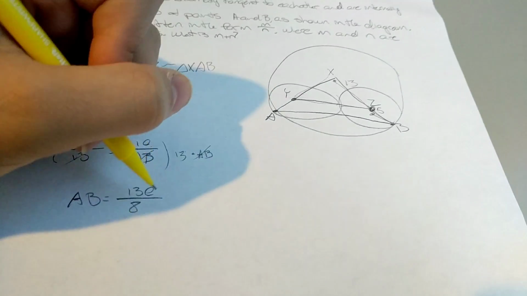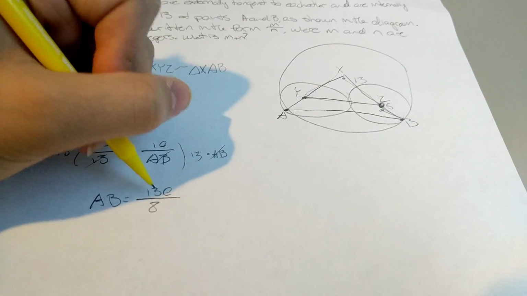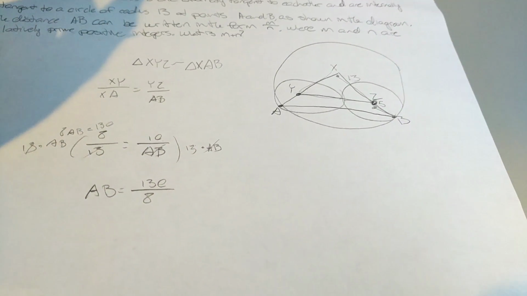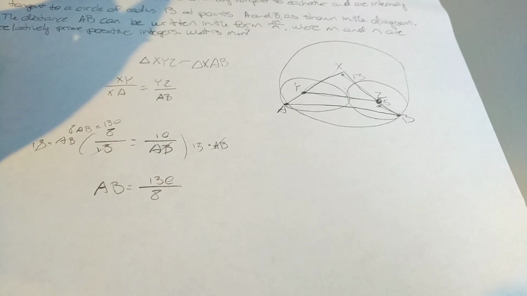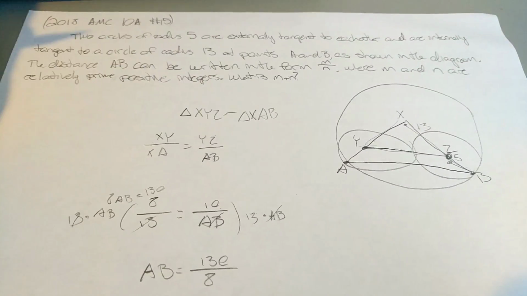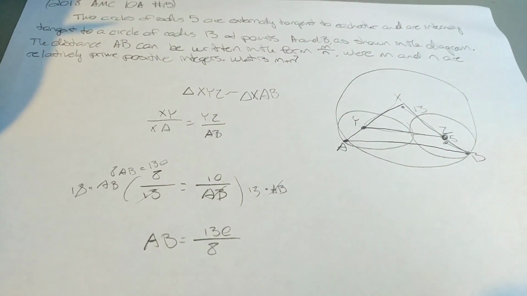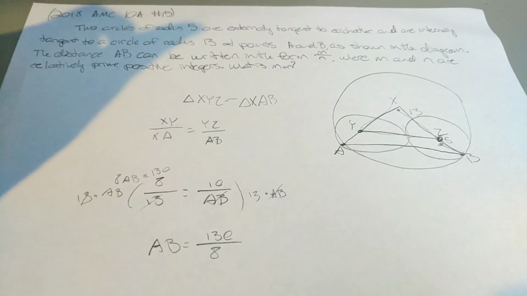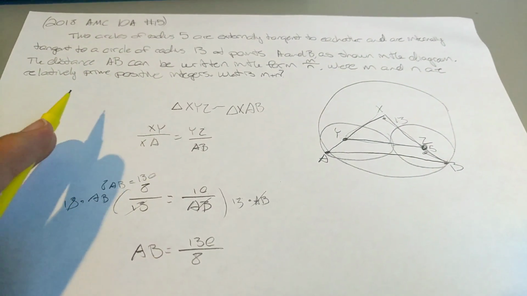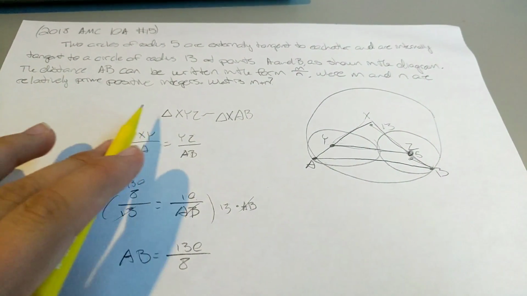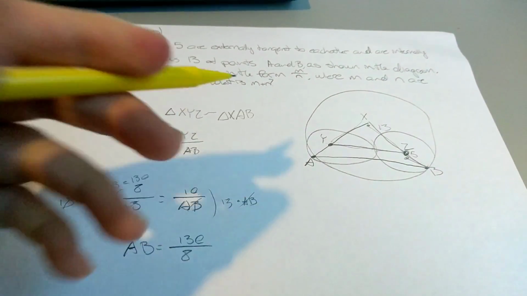Okay, now maybe you're thinking, okay, m is 130, n is 8, we solved the problem, we're done. But here's where you just have to make sure that you aren't being careless, because you've made it this far, you don't want to get the problem wrong. It says they're relatively prime positive integers.